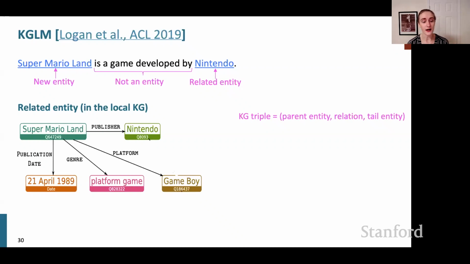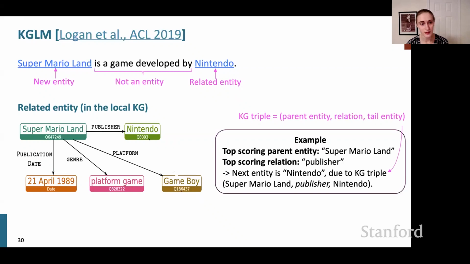And the goal is you want to figure out what is the most relevant triple that will be useful in helping to predict the next word. So in this case, you could have the triple Super Mario Land publisher Nintendo. You might have the triple Super Mario Land genre platform game. Which of these is actually helpful in predicting that Nintendo should be the next word? So here, what you would want KGLM to do is predict that the top scoring parent entity is Super Mario Land, and the top scoring relation is publisher.